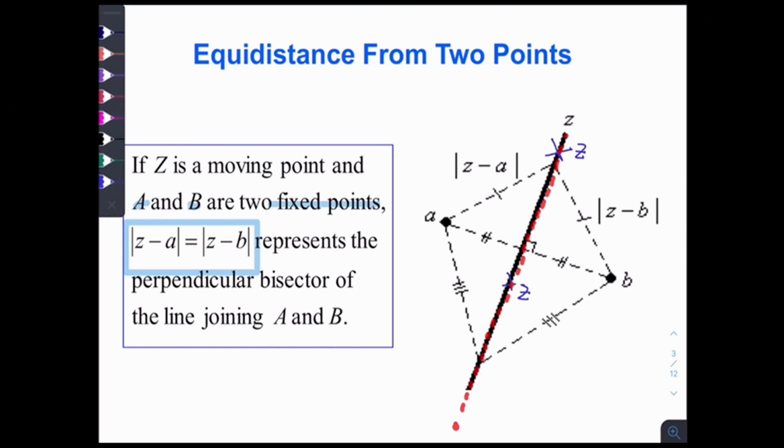This line is actually the perpendicular bisector between the points A and B. So for this locus, when you see this equation where both sides have modulus, it represents the perpendicular bisector. Same thing, you have to make sure that it's a minus in between the 2 points.